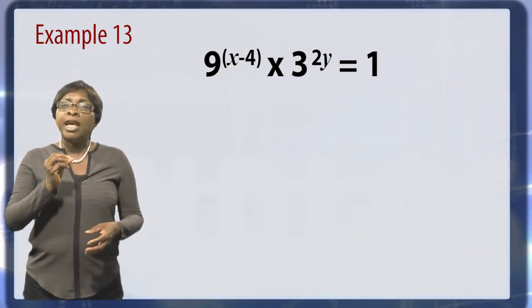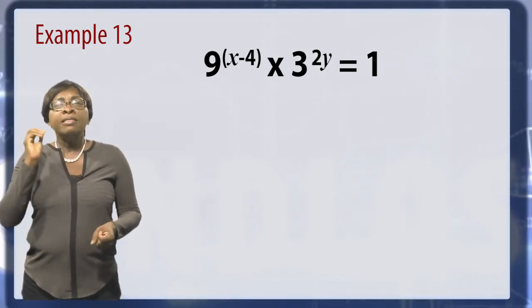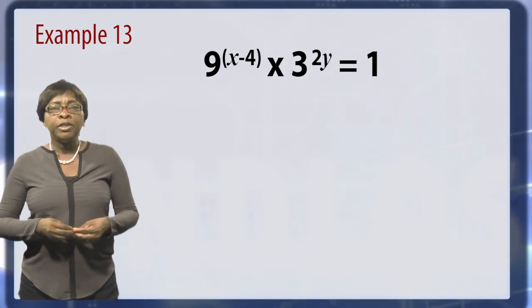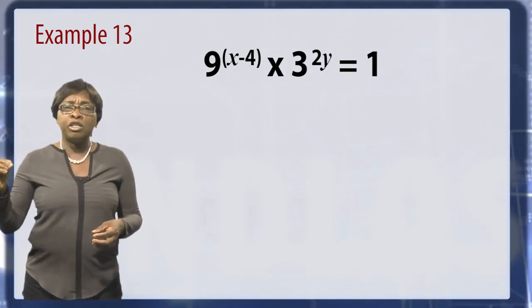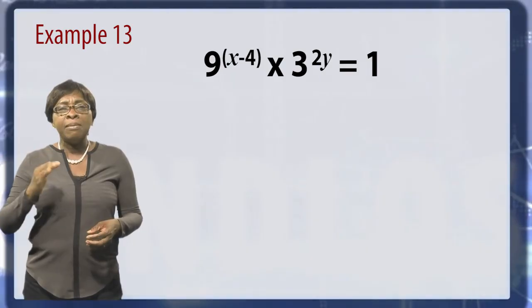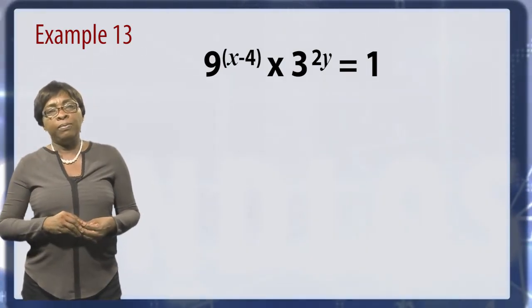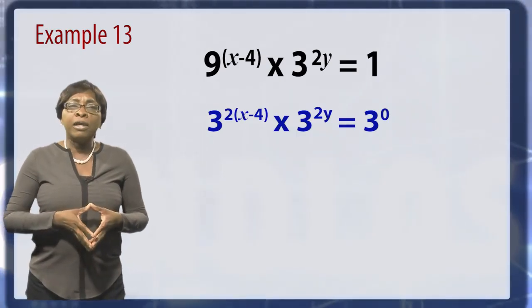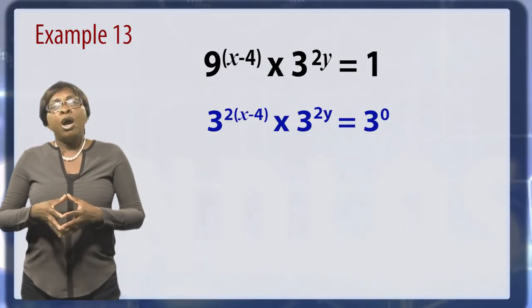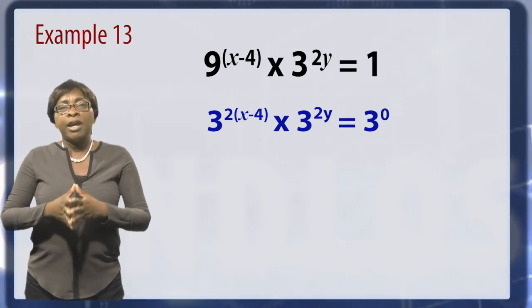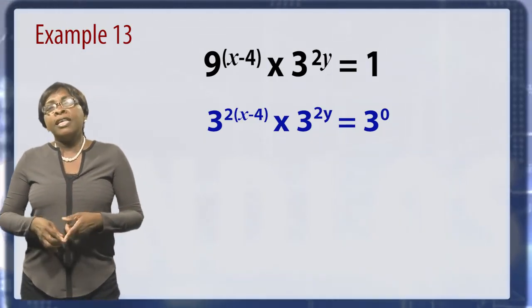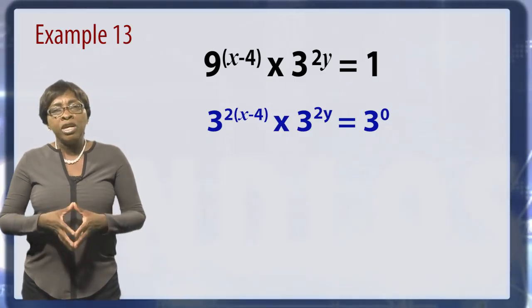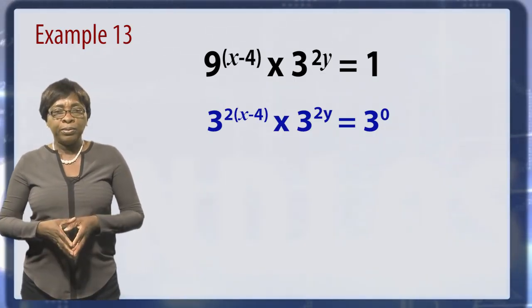The exponent has the variable. That means our bases must be equal. So let's see whether we can write this expression with the same base throughout. So that gives us 3 to the power 2, all to the power x minus 4, times 3 to the power 2y is equal to 3 to the power 0.